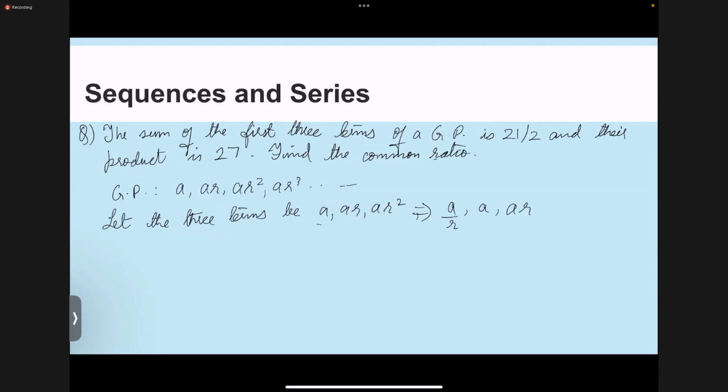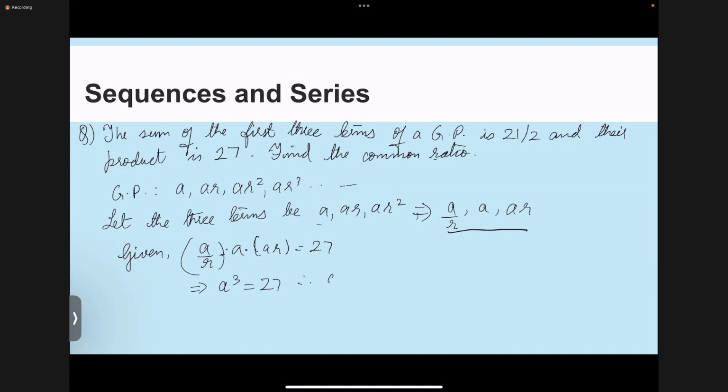Now what is given to us is that the product of these three terms is 27. So we can have A by R multiplied by A multiplied by AR is 27. So you can see that we have written it in this form, so R and R get cancelled in the product, and what you're left with is A cube equals 27.